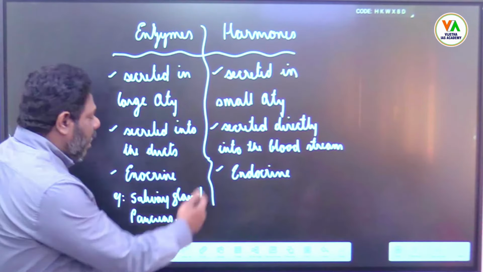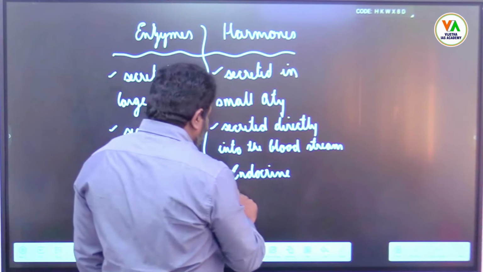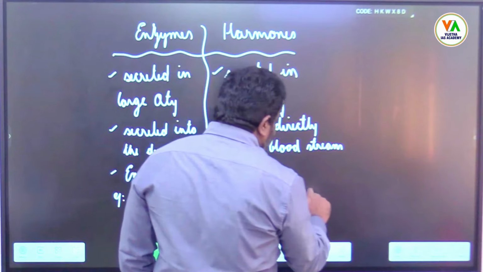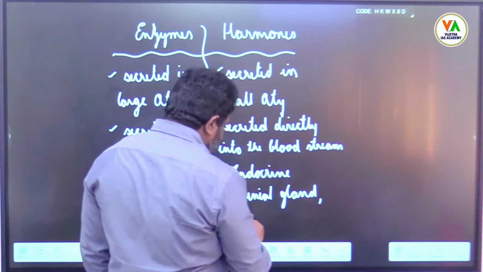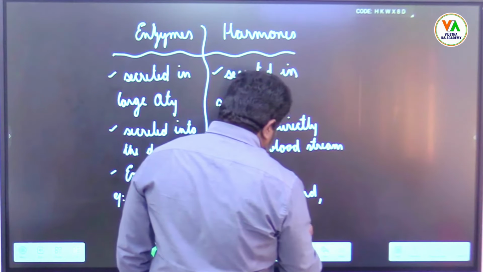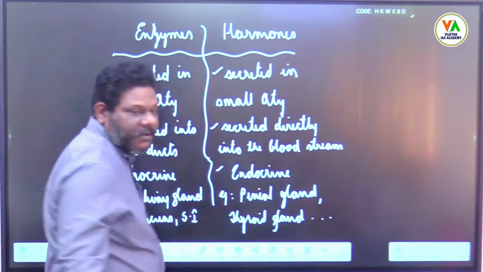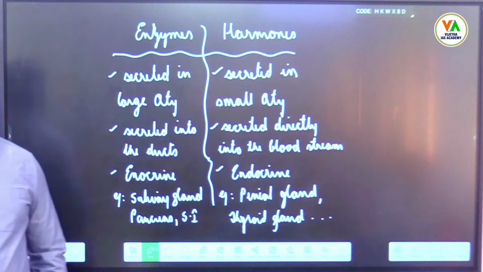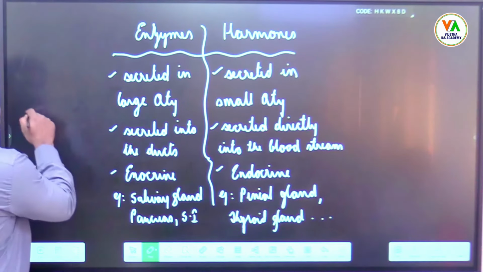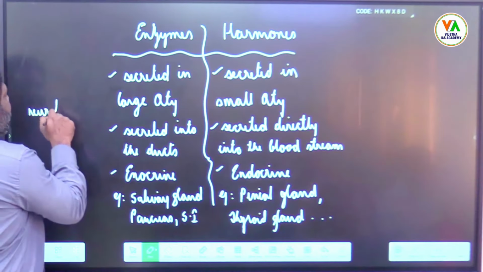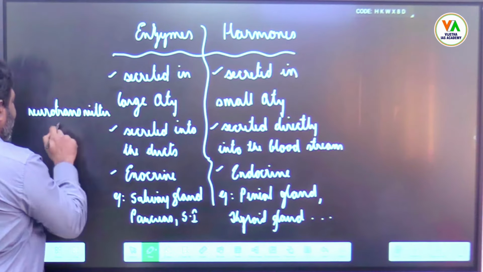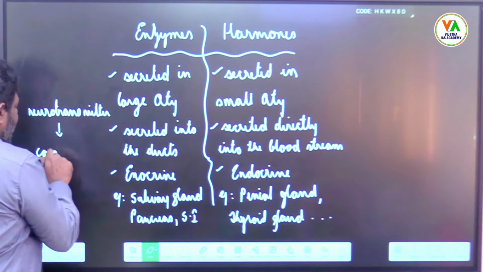Hormone glands you will definitely know, like the pineal gland, the thyroid gland, and so on. So these are enzymes and hormones. Neurotransmitters are responsible for conducting nerve impulses.